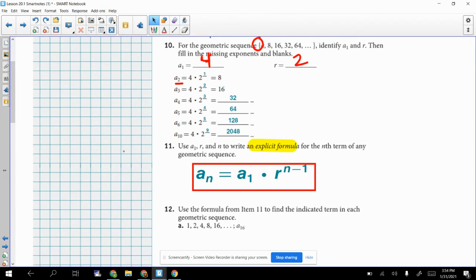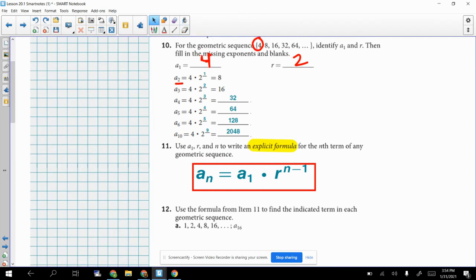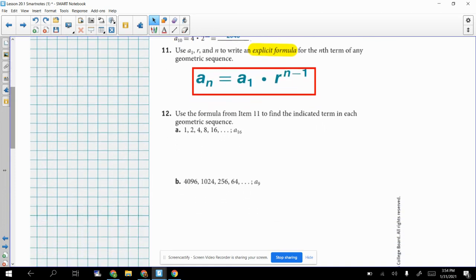This is your explicit formula, okay? And it is a sub n equals a sub 1, so your first term, times r, the common ratio, to the power of n minus 1. Okay, so again, make sure you jot that down. We're going to use that in the next two examples here on page 310.